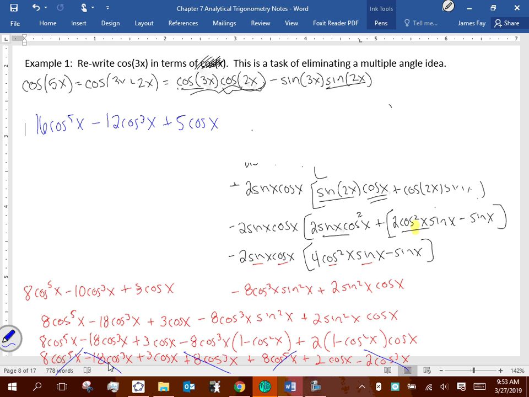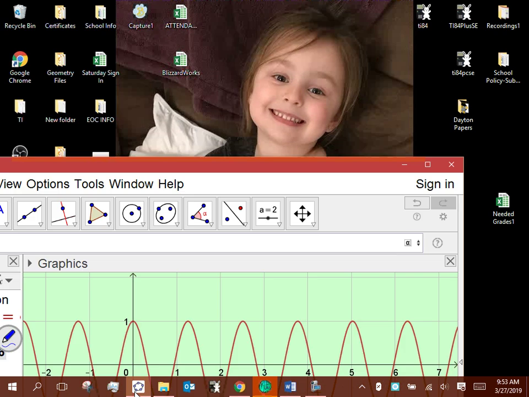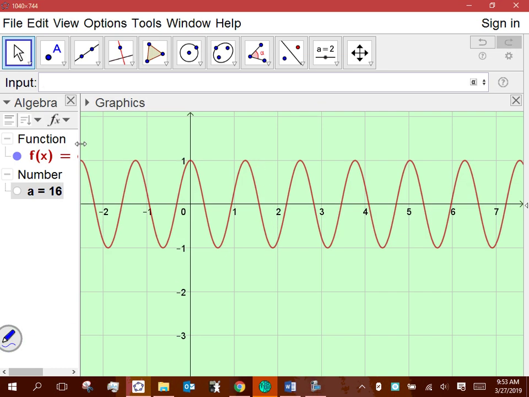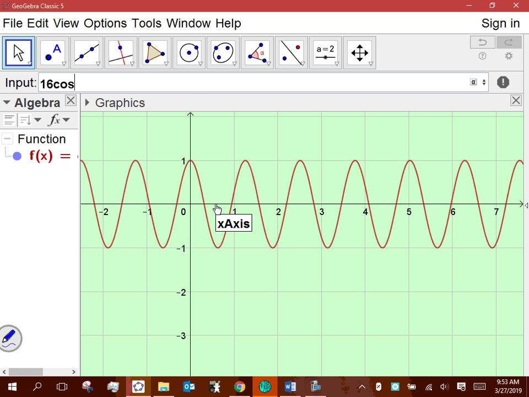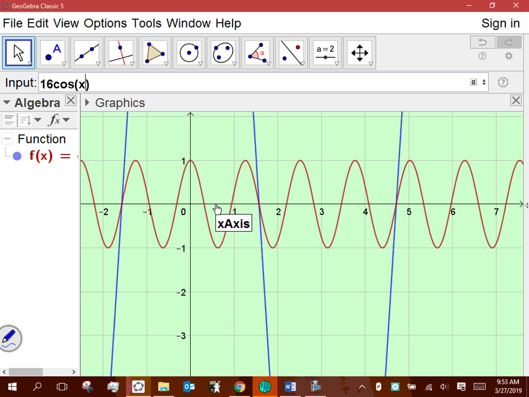Okay, so if that's 10, so it should be negative 4. Is that what we're saying here? Let's just see, so negative 4. So we have 16 cosine x, so this has to be raised to the fifth.